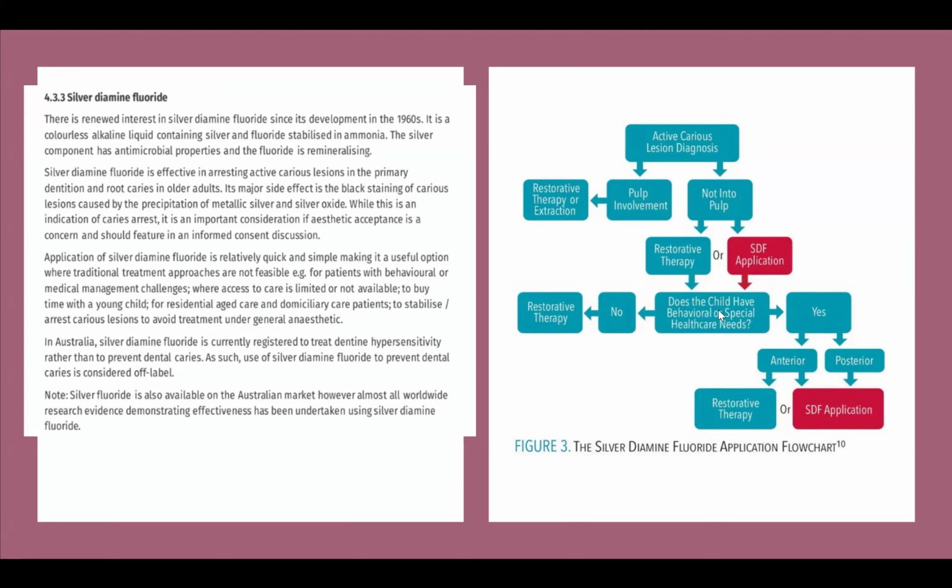But if they have some behavioral needs, sometimes children are on the spectrum, autistic and special needs, etc., then you can go ahead with SDF or restoration. So they are applying SDF in all of these situations as well.